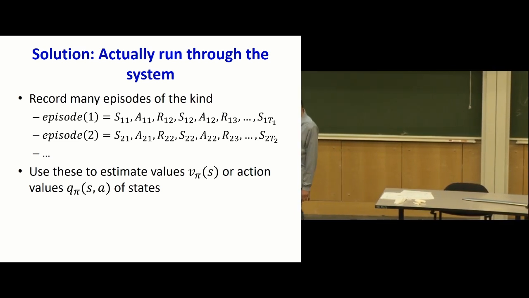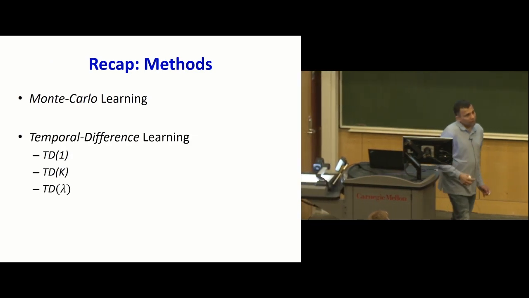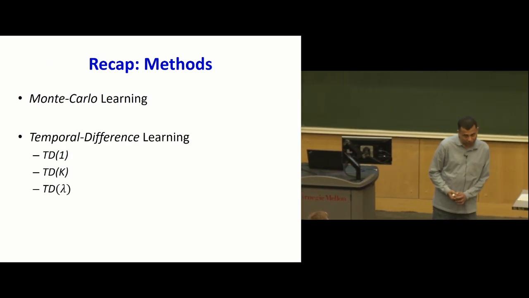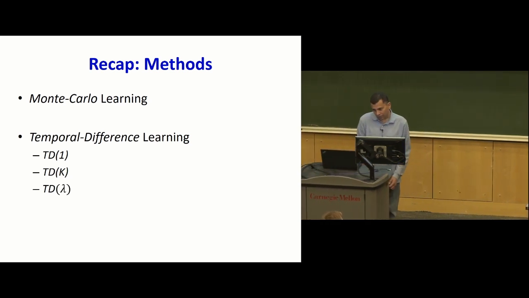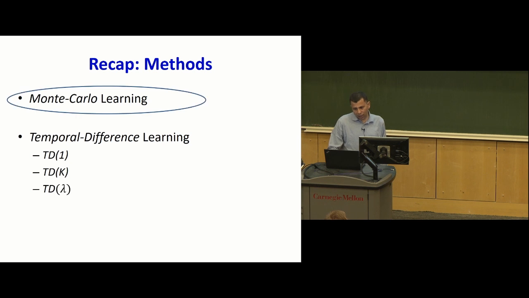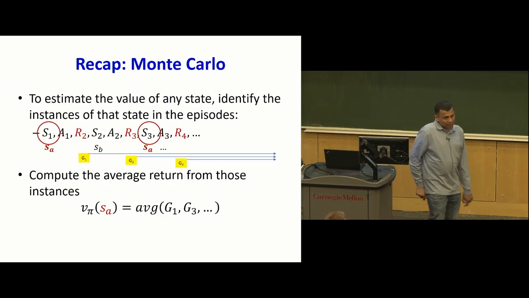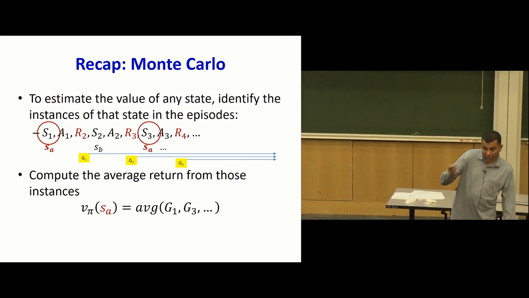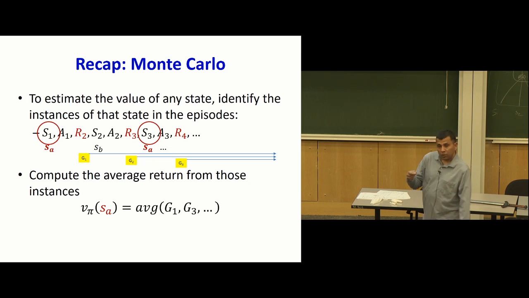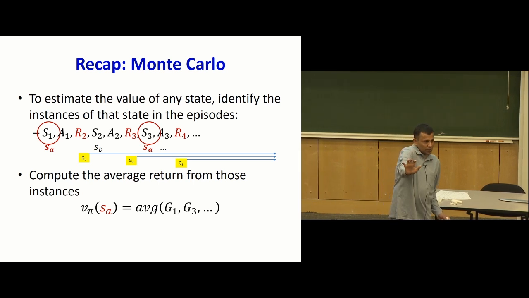And to see how we would do this, we had several methods that we looked at: Monte Carlo methods and temporal difference methods. In Monte Carlo learning, we started off running episodes. For each episode, at each time, you could compute the return, which was the sum of the current reward and all the discounted future rewards.